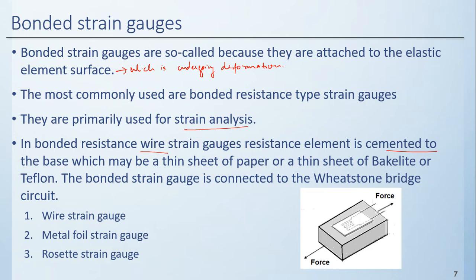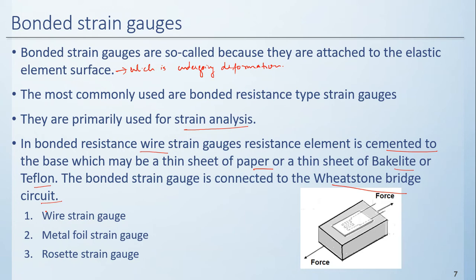So you have a wire frame which is attached or cemented to the base made of paper, bakelite, or Teflon. Now the deflection in your base plate will be dictated by the wire through the change in its resistance, and this signal is transferred to the processing unit by using a Wheatstone bridge circuit.